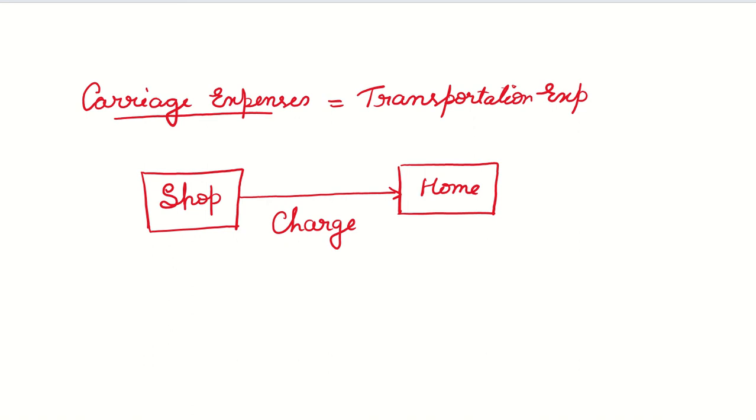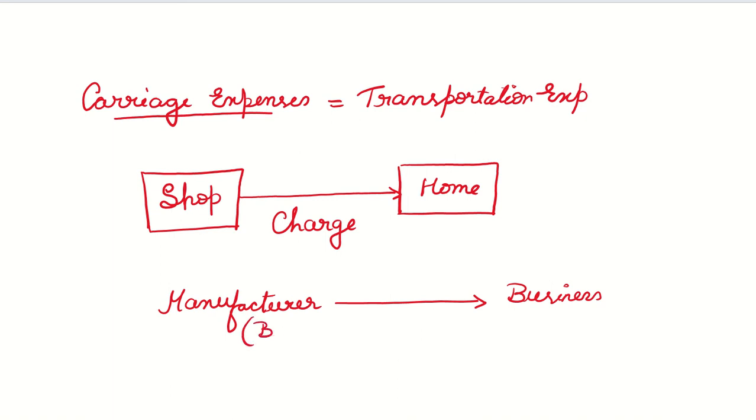Now let me give you an example from business. In business also the same thing happens. Suppose there is a manufacturer who sells goods to a business. The manufacturer sells the goods in bulk, that is, in large quantity.